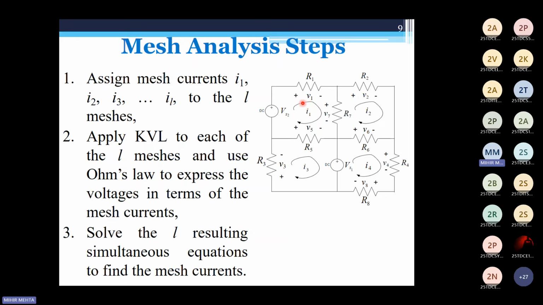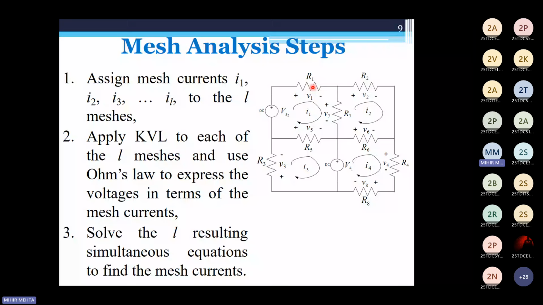If I want to write voltage in terms of resistance, it has to be the product of current and resistance. So for the resistance R1, the voltage drop V1 would be nothing but the current I1 multiplied by the resistance R1.